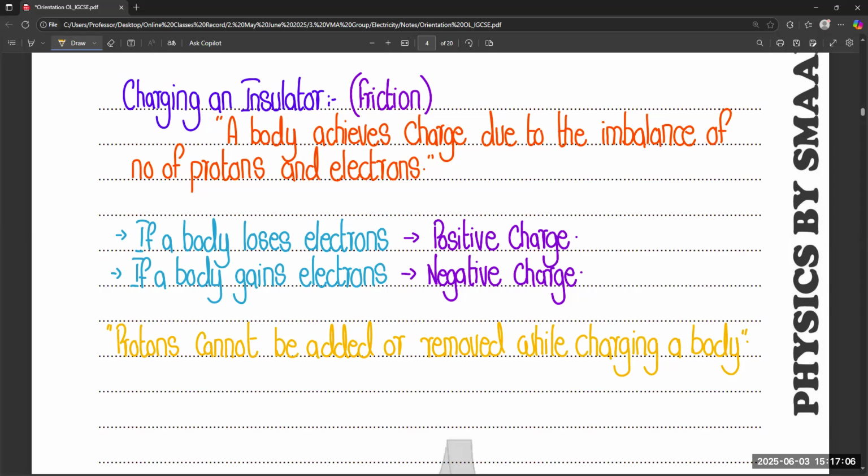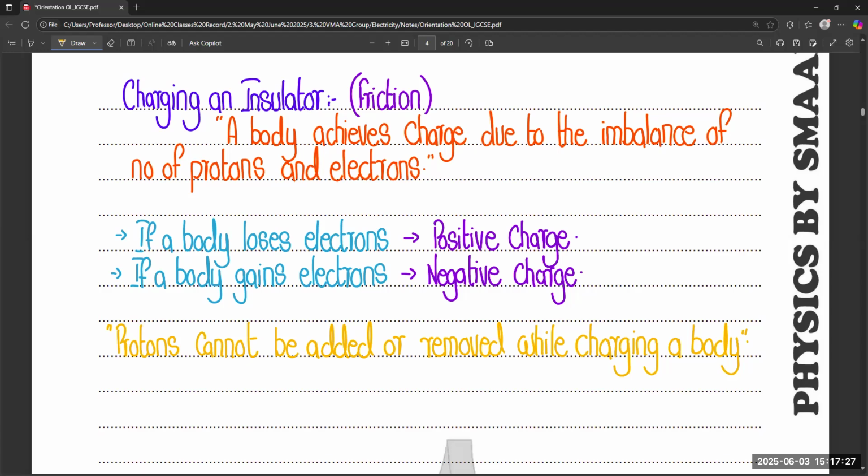Now, for example, if we consider some types of bodies, let's see how we can get positive charge or negative charge on the body. And one more important thing, we don't need to remember any specific body with a specific charge. We just need to know the process, how the process takes place.